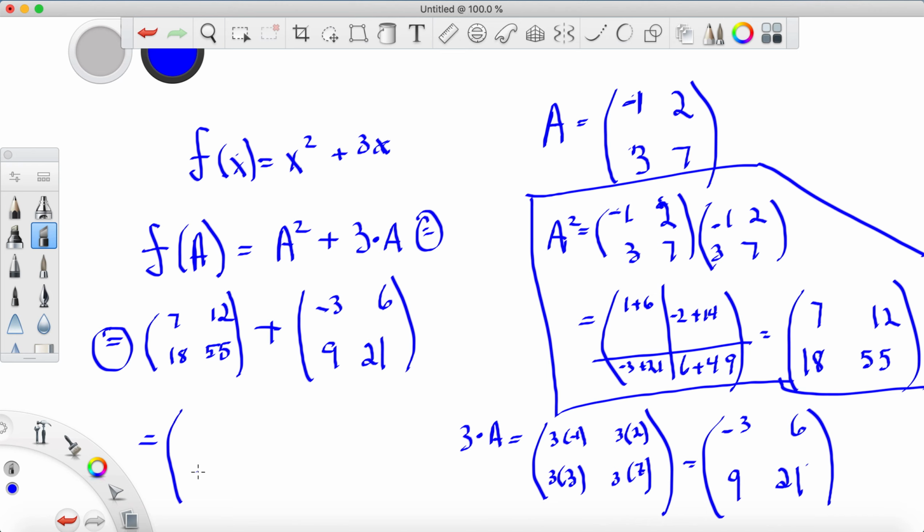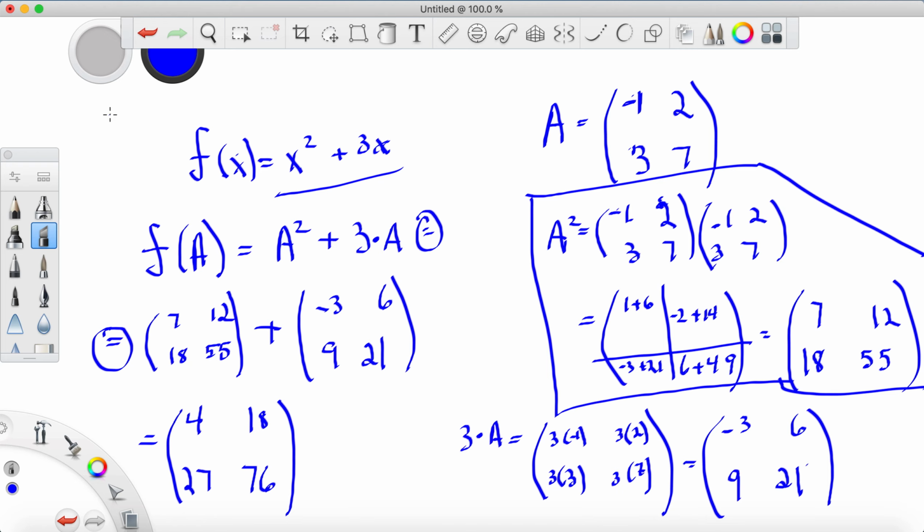So we should have 7 plus -3, which is 4, 12 plus 6, which is 18, 18 plus 9, which is 27, and 55 and 21, which gives us 76. So in other words, if you evaluate this function by inputting A, you get out this matrix, 4, 18, 27, 76.